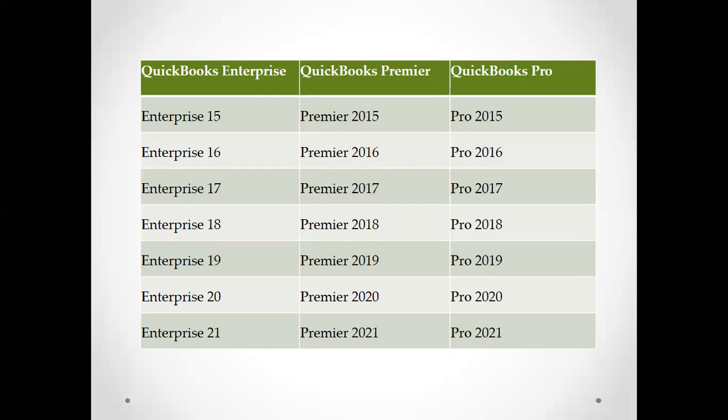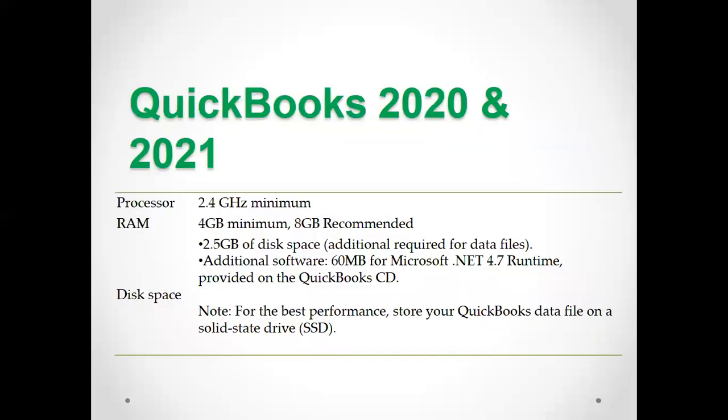So every year they will be releasing such a version. Currently I have given you QuickBooks Enterprise 21 and the QuickBooks 2021 version. So these are the requirements, right? For the QuickBooks 2021 version, to install the package you need 4 GB of RAM.